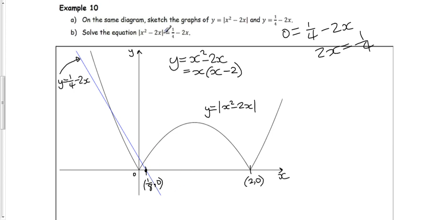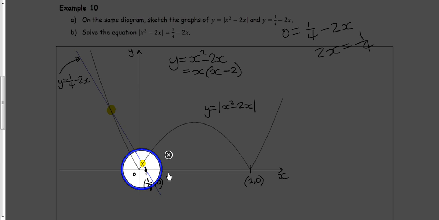Now back to part B, finding where the two graphs intersect. We can see from the diagram there are two places where the graphs intersect. Looking at the graph, in particular this section here, the x value is definitely between 0 and 1/8.